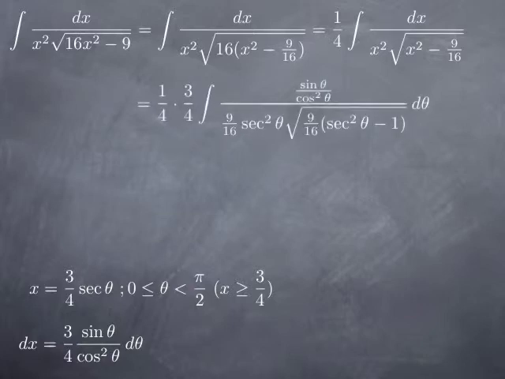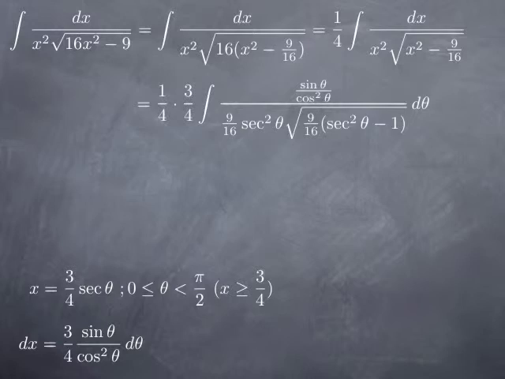So I have 1/4 in front of my integral. I can pull out the 3/4 from the dx, so I have 1/4 of 3/4 of the integral of what corresponds to dx, sine theta over cosine squared theta. And at the bottom I have x squared, which is the square of 3/4 secant, in other words 9/16 of secant squared theta.